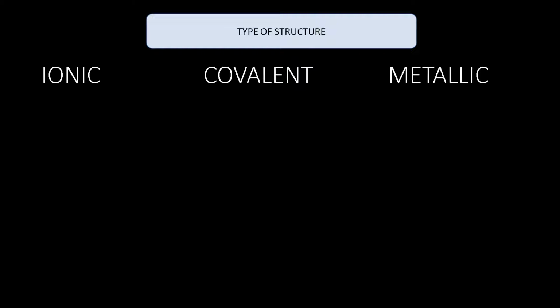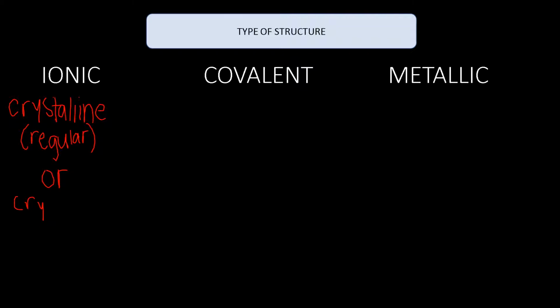So what type of structure do ionic bonds form? Ionic bonds form a crystalline, which is regular, or a crystal lattice, and the crystal lattice can be regular and repeating.